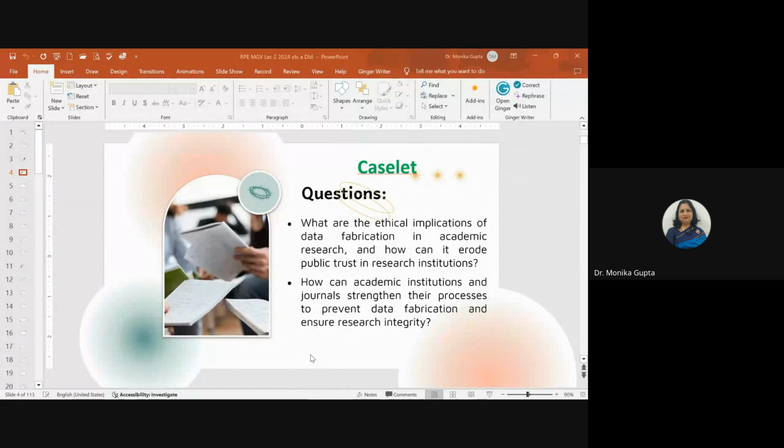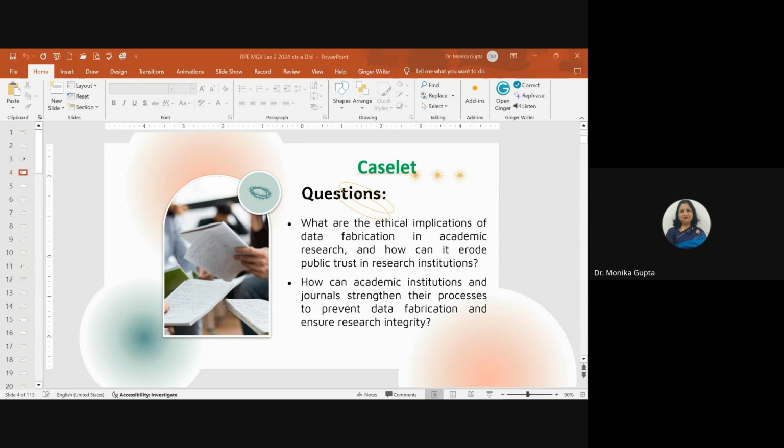So implementing rigorous data management and sharing practices, encouraging open science and data transparency, then providing mandatory ethics training for researchers, that is why we are here, then strengthening peer review processes and adopting advanced plagiarism detection tools, as sir has mentioned, and establishing clear guidelines and penalties for misconduct. So these are some of the suggestive measures that can be taken.